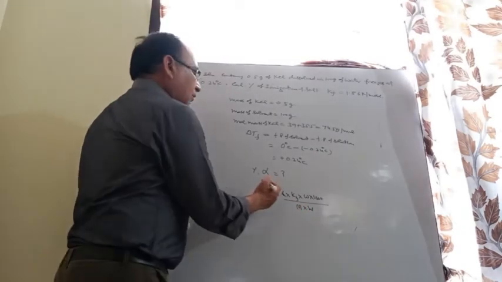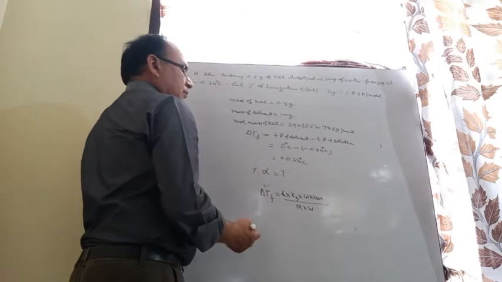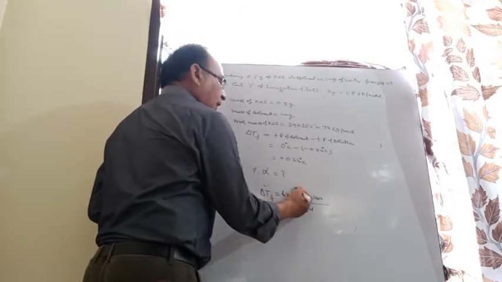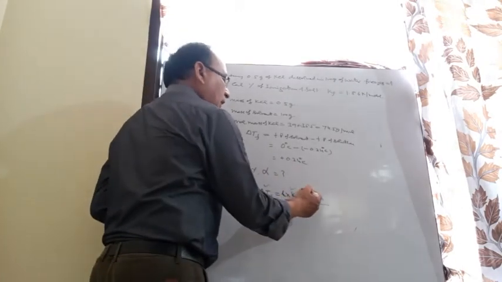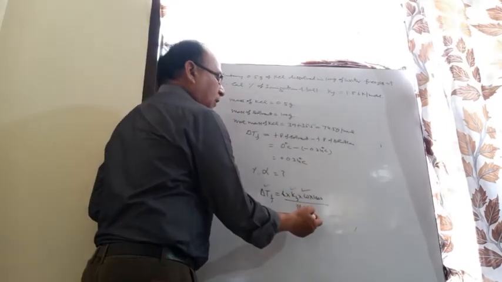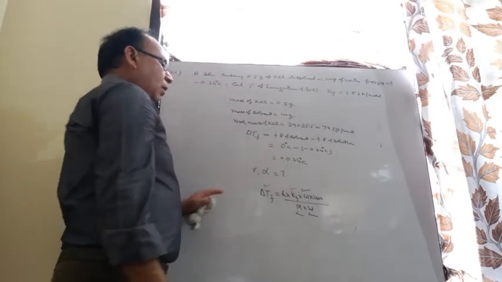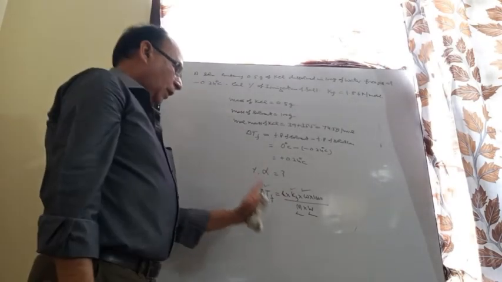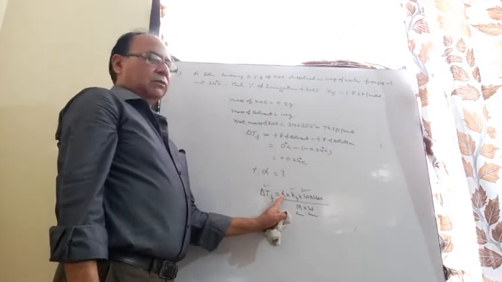We know delta Tf, Kf, w, M and capital W. All these we know, and we can easily calculate the value of i.